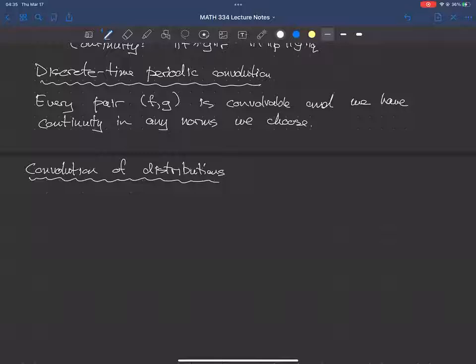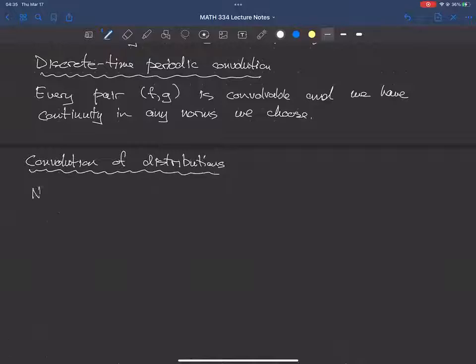The first thing you have to do is talk about new classes of distributions. We've talked about distributions, and we talked about these spaces and their topological duals.